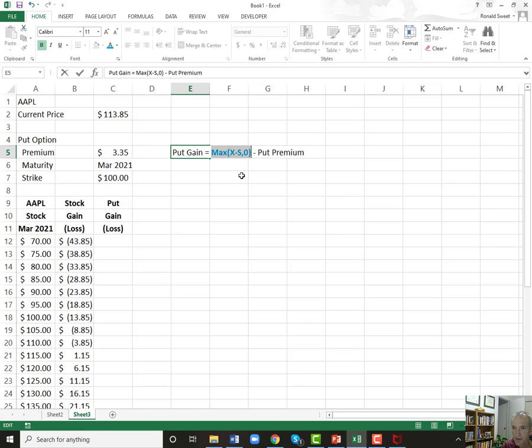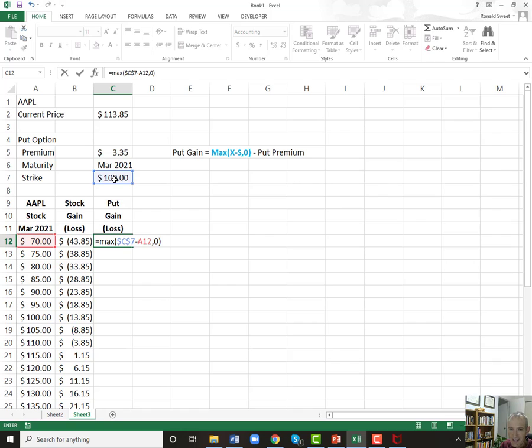That's a negative number, so this is 0. So 100% of this premium is time value. So the time value of this option is $3.35 because the intrinsic value is 0. So let's put that formula in there. Max of the strike minus the current stock price, comma 0.